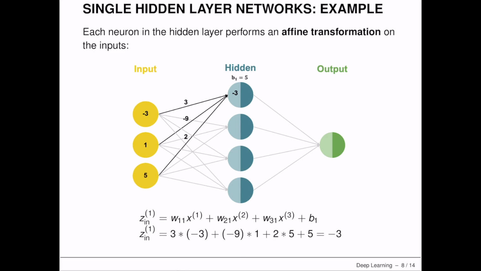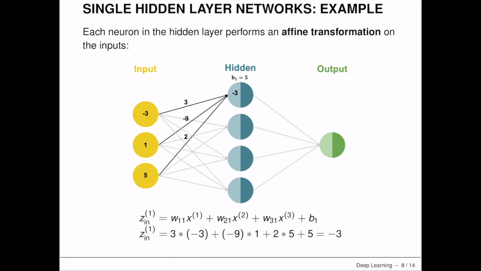Now the input to the first hidden neuron would be calculated as follows. We would multiply the first input with the weight w1,1, which connects the first input neuron to the first hidden neuron. This would be -3 times 3 in this case.